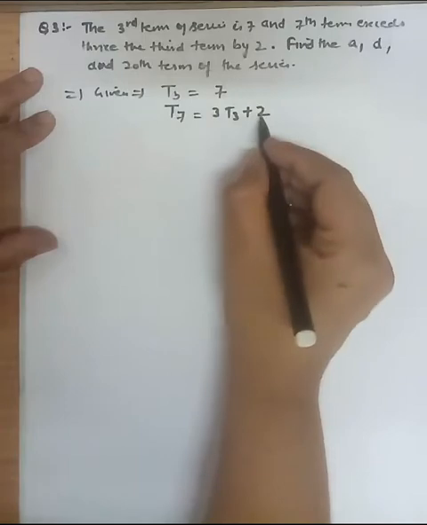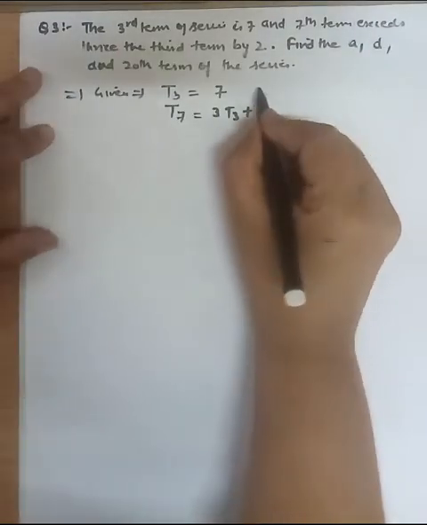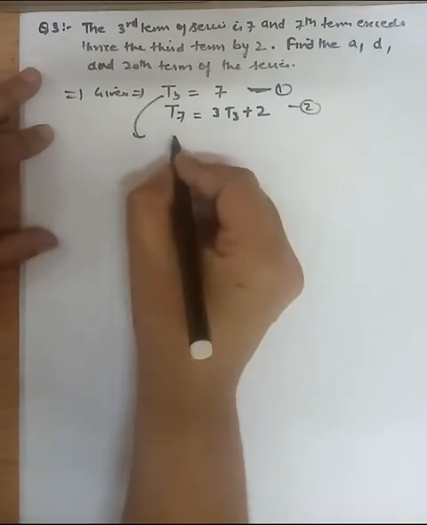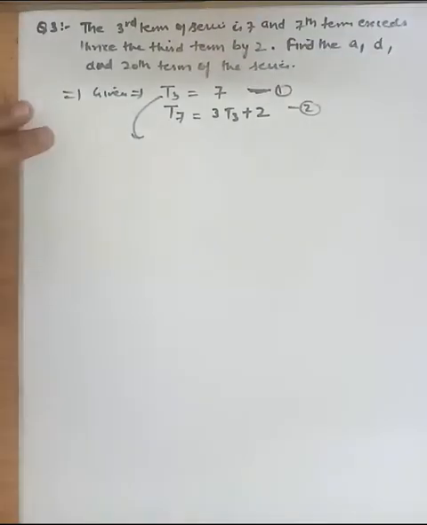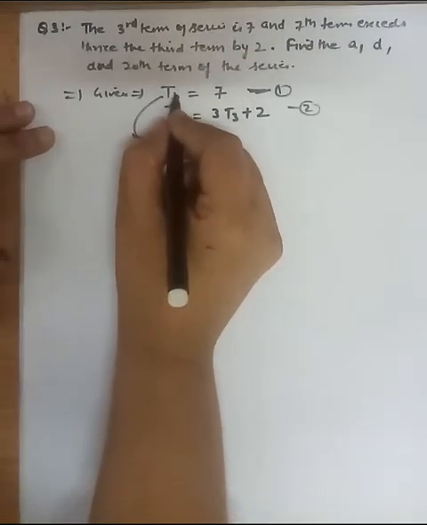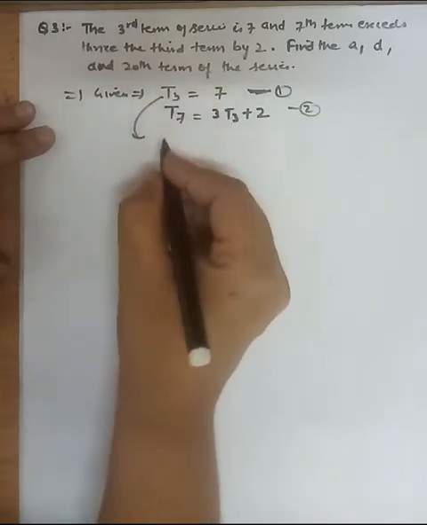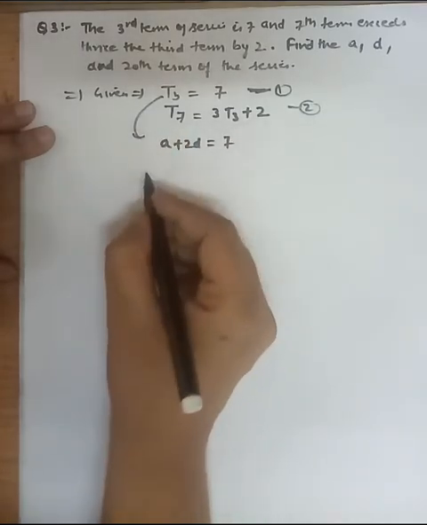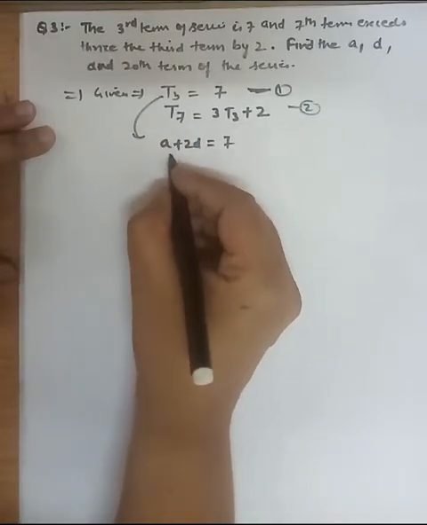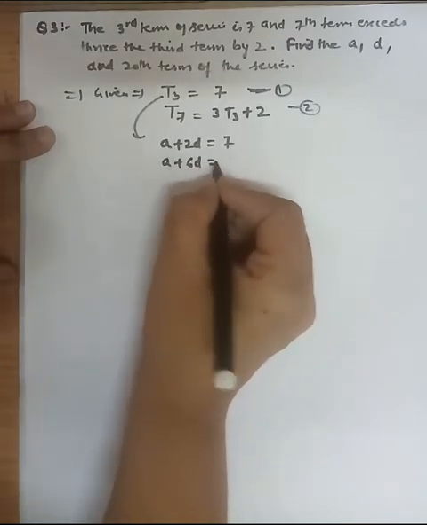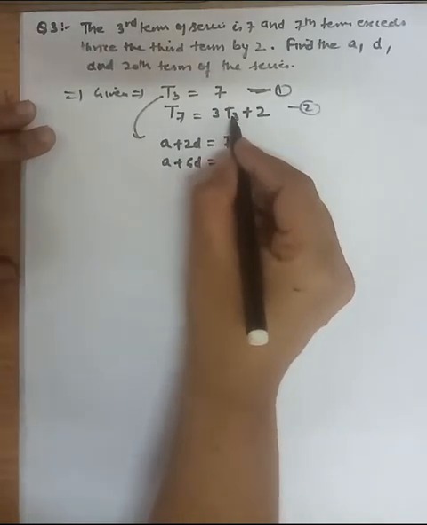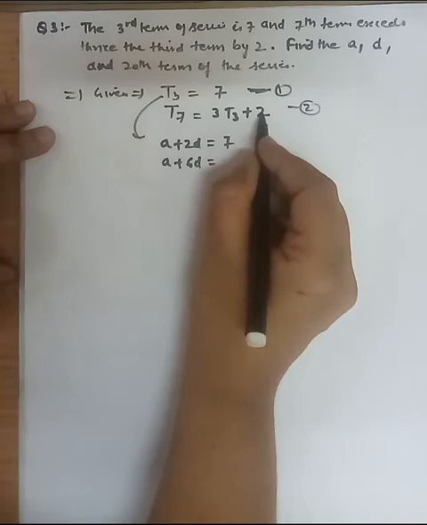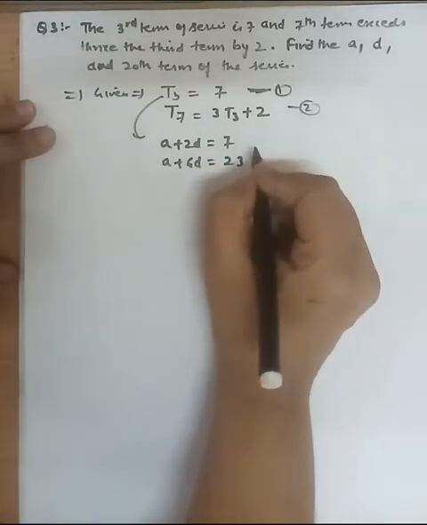This is your first equation and this is your second equation. For T3 we write the formula: A plus 2D equals 7, and A plus 6D equals 7 into 3, which is 21, and 21 plus 2 is 23. So the equations are these.